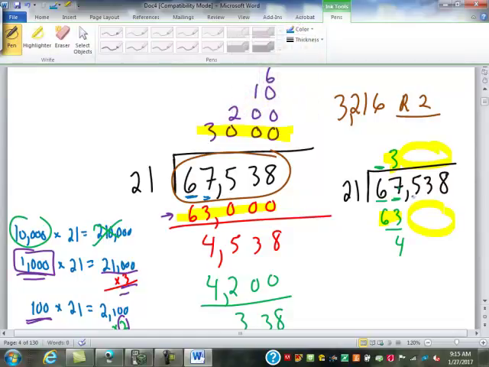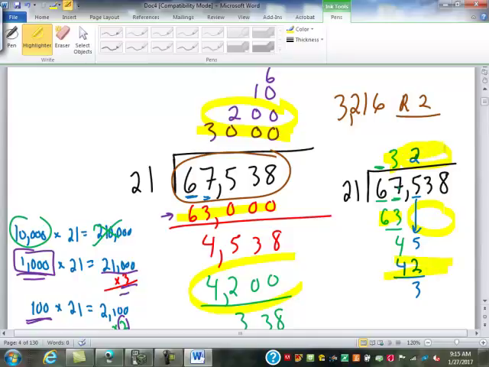So now we move to the next digit, we bring down the 5. 21 into 45 goes twice. 2 times 21 is 42. We subtract to get 3. Once again, exact same stuff. We just left off the zeros. And we'd finish it off the exact same way.